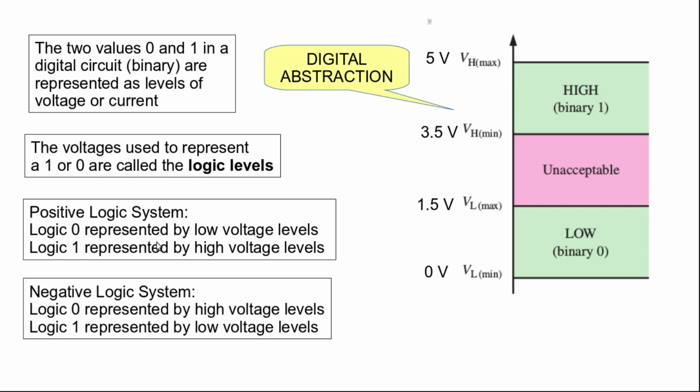However, it may be that we use the range from 0 volt to 1.5 volt to represent 1, and then we use 3.5 volt to 5 volt to represent 0. Such a representation is called a negative logic system. So we have a negative logic system when logic 0 is represented by the high voltage levels and logic 1 is represented by the low voltage levels.